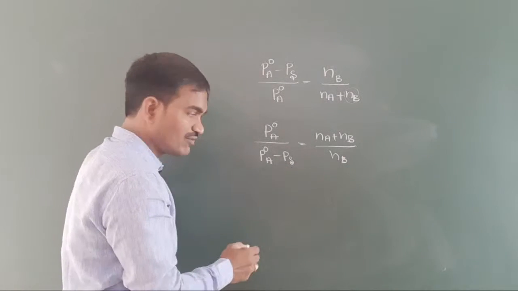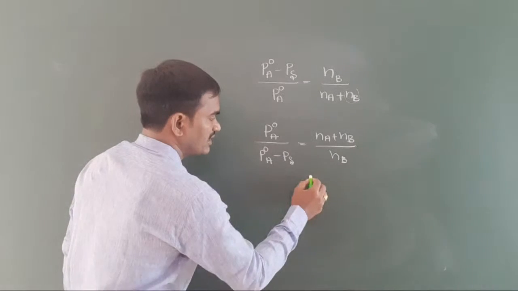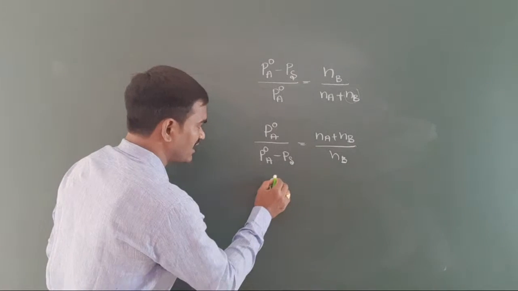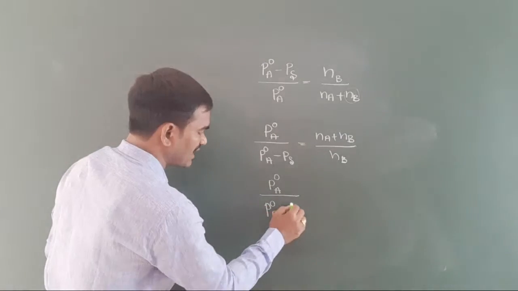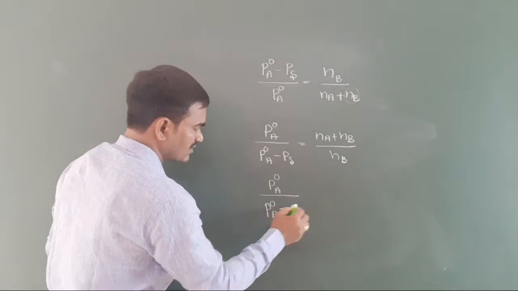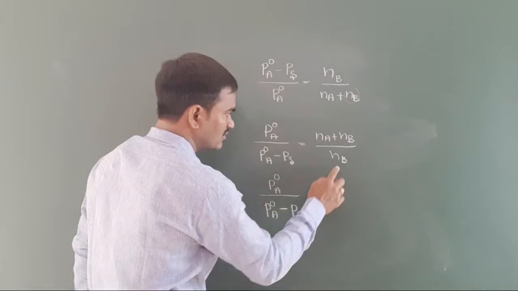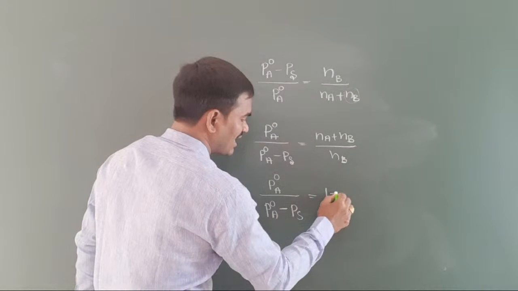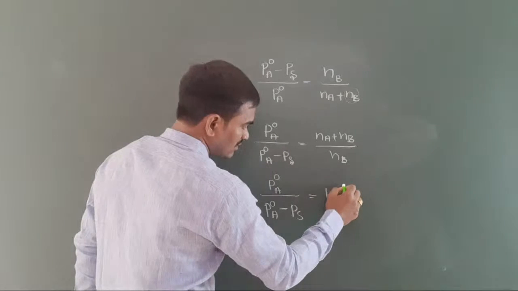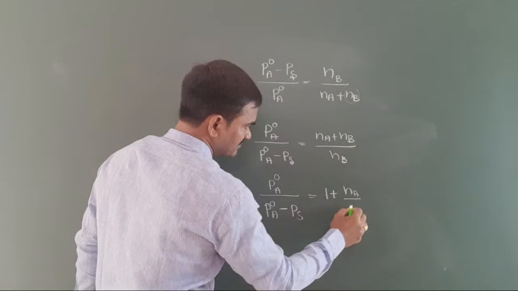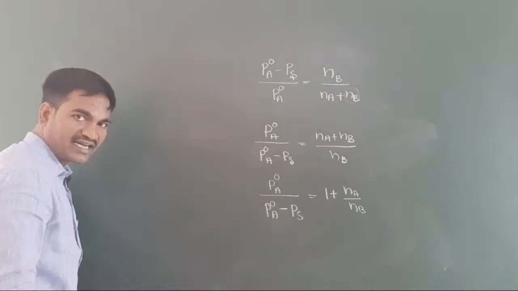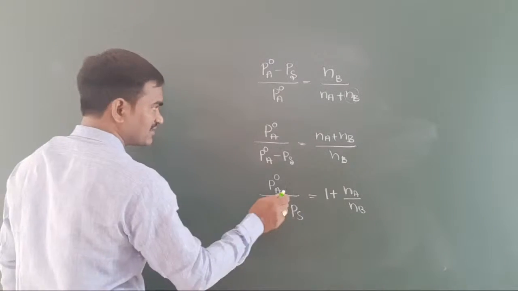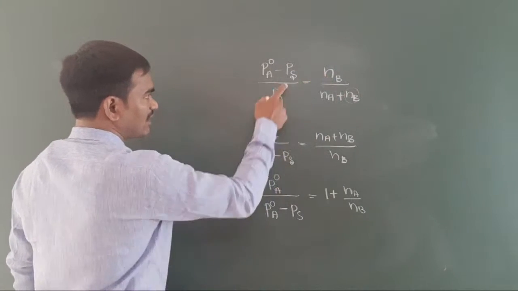Now you see what we are going to do. This expression we can write like this: P naught A by P naught A minus PS is equal to, because NB gets cancelled, it becomes 1 plus Na by NB. You can write like this. Have you got it? Any doubt in this? Once you check it. I changed the above equation like this.